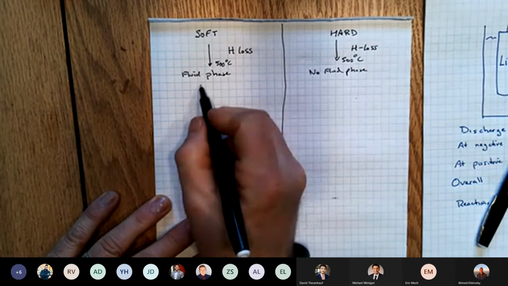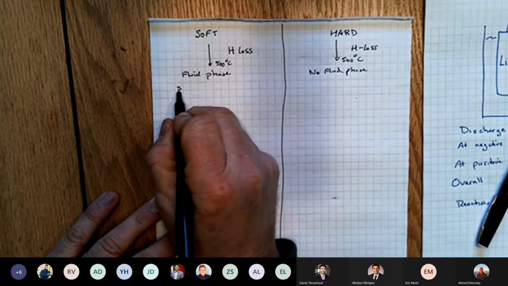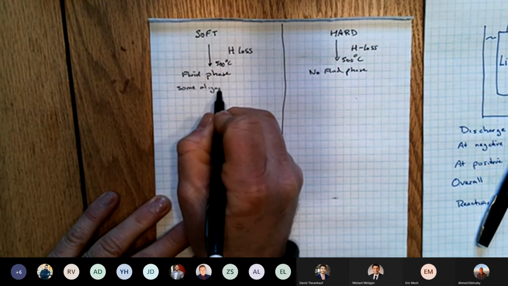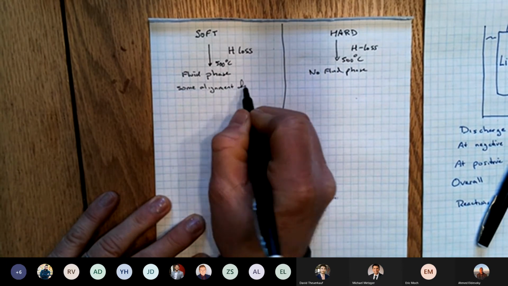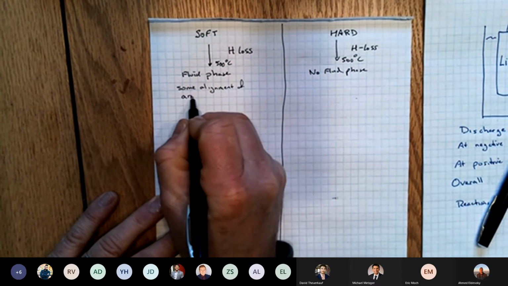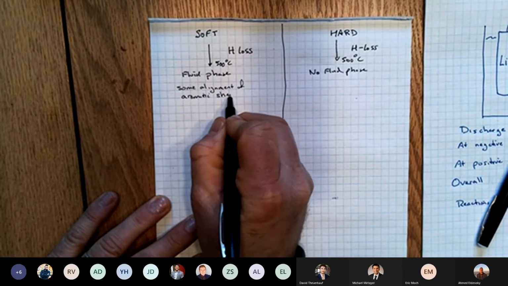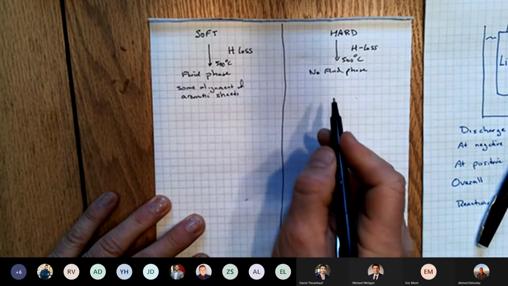So then what happens here is you get some alignment of aromatic sheets. And at this point, they're small.